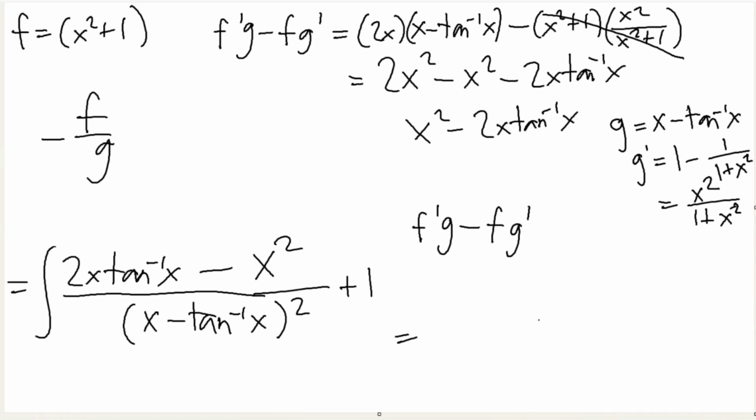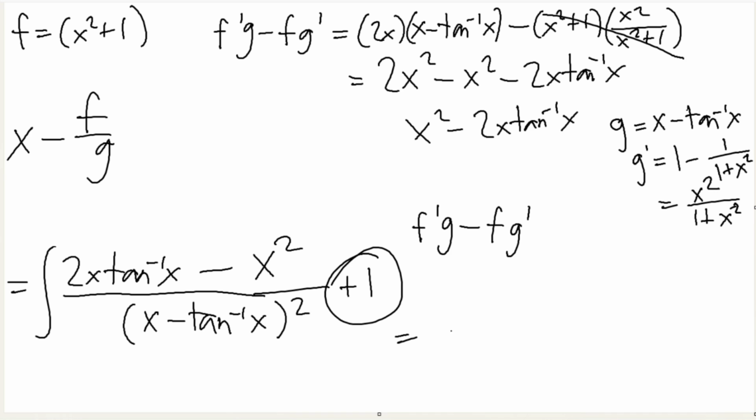Cool. So, oh, careful, wait a minute. Plus 1. Be very careful. Plus 1. We went a little too fast there. The answer is x minus f over g. Okay? Be very careful.